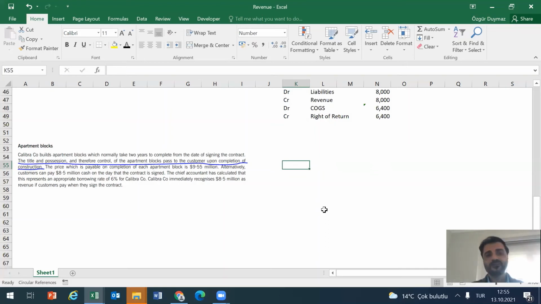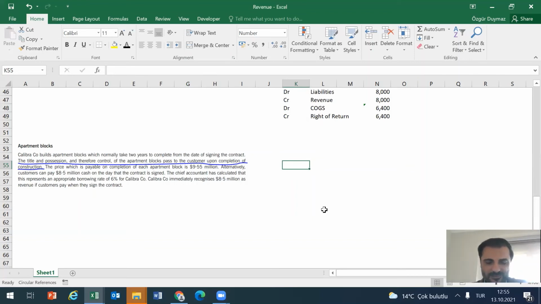Or alternatively, you wait for 2 years, then pay 9.55 million. So 8.5 million, and after 2 years, 9.55 million. The related appropriate borrowing rate was 6% for Calibre.